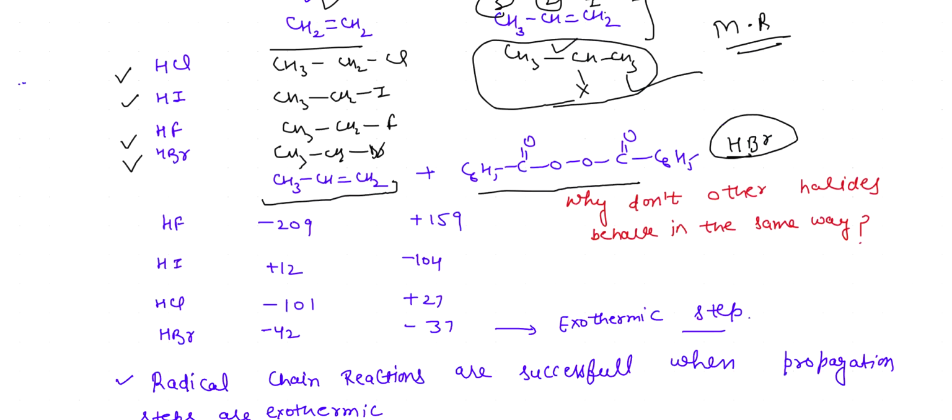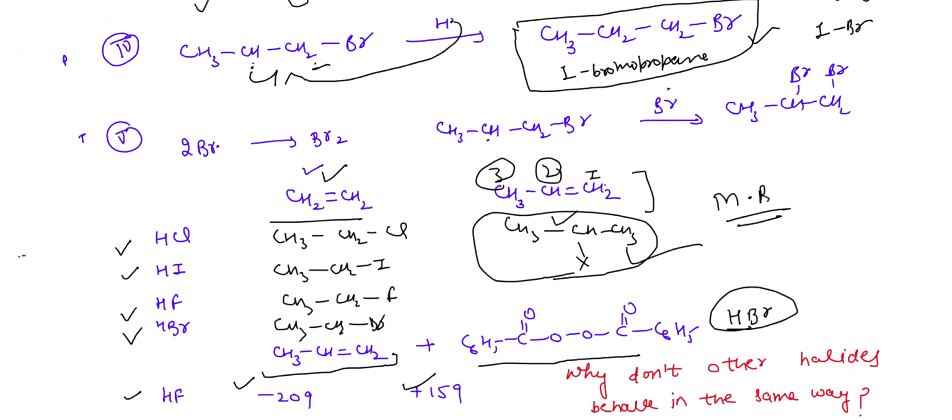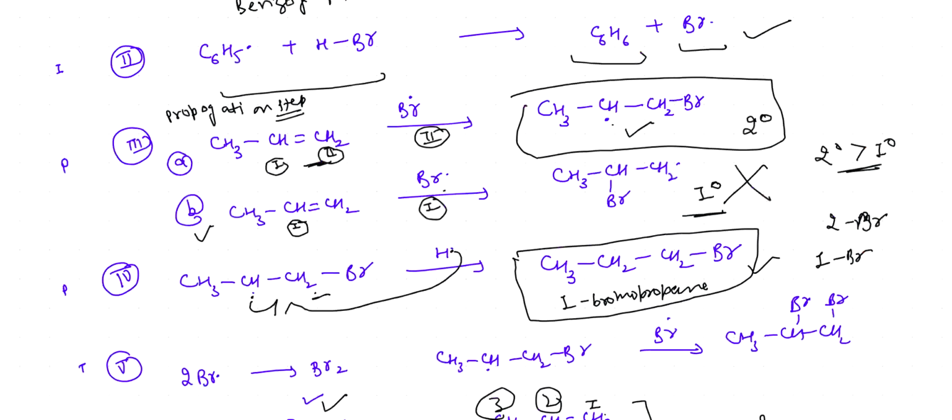So I am showing the energies of the propagation step over here. This is your HF, HI, HCl, and HBr. In the propagation step, there are two steps. The first step is addition of bromine radical, and the second step is addition of hydrogen radical.